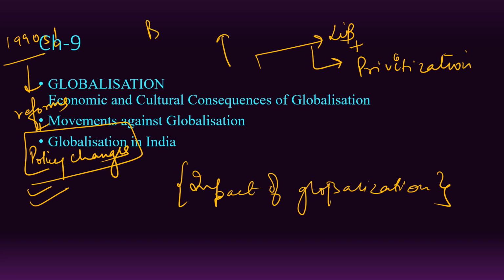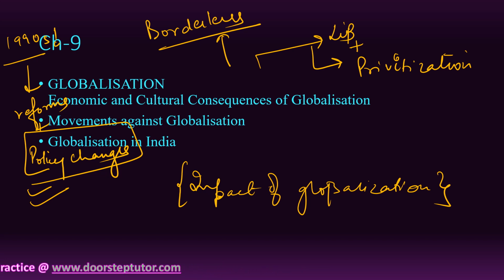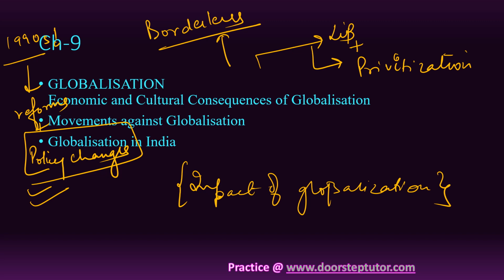This is how I define globalization. One thing also important is that globalization is not limited to this particular definition. We talk about cultural globalization, political globalization, technological, economic and financial. So what are these forms of globalization? You should know about them.